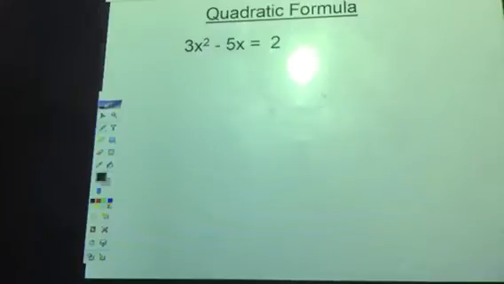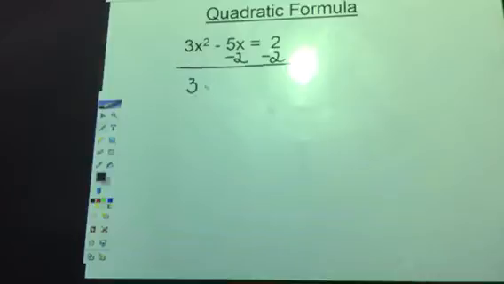All right, so in our next example, we're going to use the quadratic formula. Again, know it by heart: negative b plus or minus the square root of b squared minus 4 times a times c, all over 2a. The first thing you need to know is your quadratic needs to be in standard form. So therefore, I'm going to have to subtract 2 from both sides.